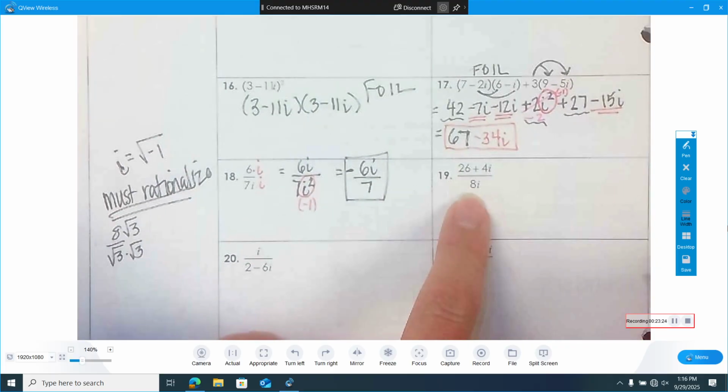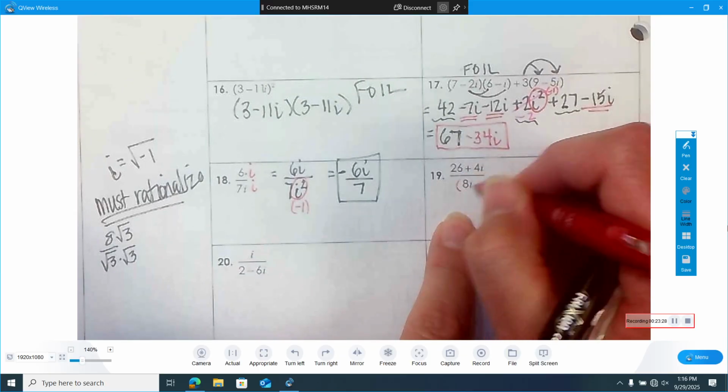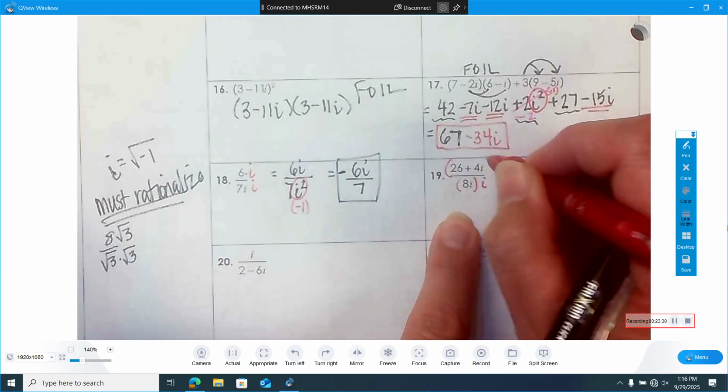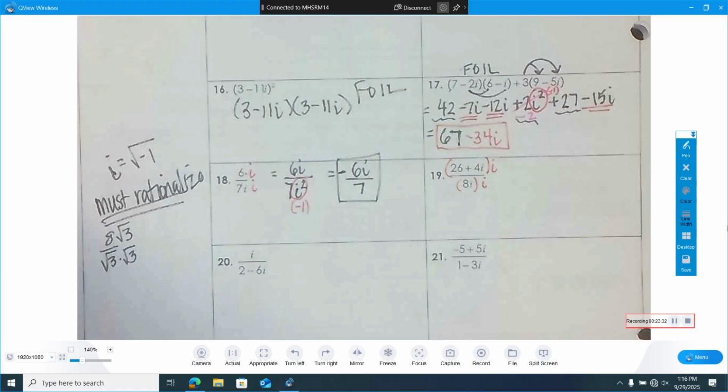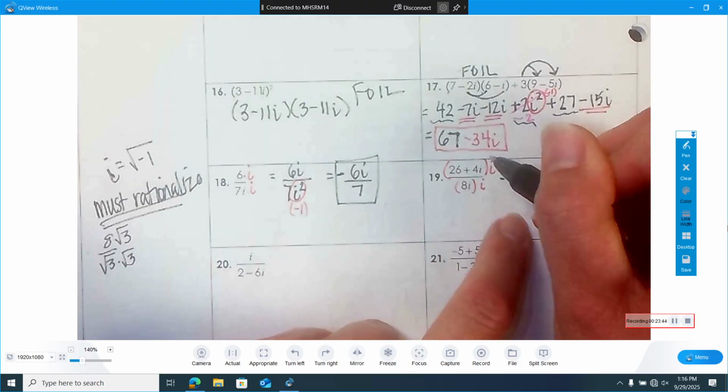Number 19. What do you suppose we need to multiply by? Yeah, same thing. I really just need to multiply top and bottom by i to clean that up. And of course, that means what are we going to have to do in the numerator here? Distribute the i.